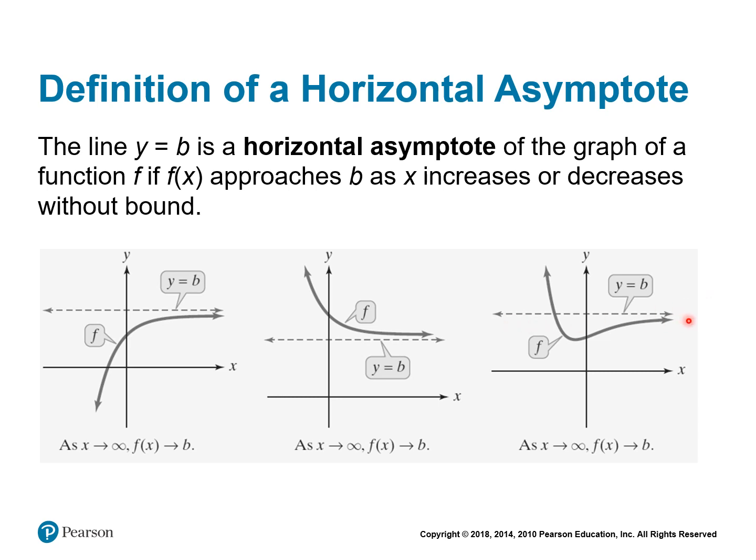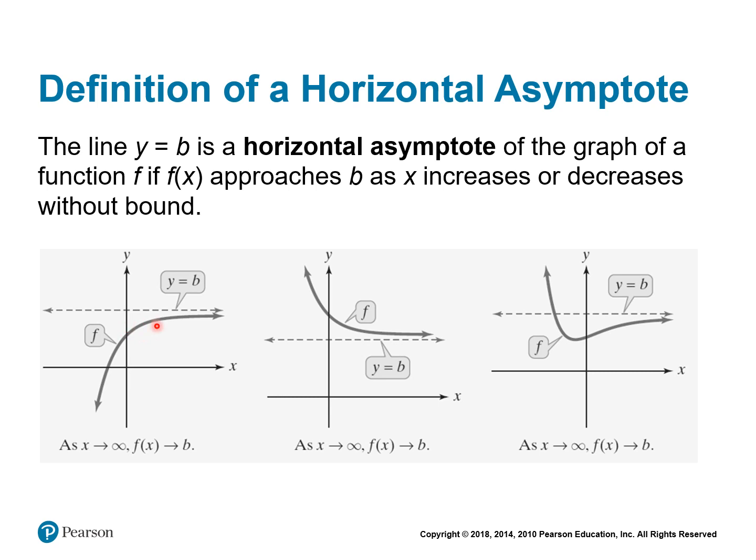Those are horizontal lines with the equation y equals b, because a horizontal line crosses the y-axis. So the line y equals b is a horizontal asymptote of the graph of a function f if f of x approaches b as x increases or decreases without bound.